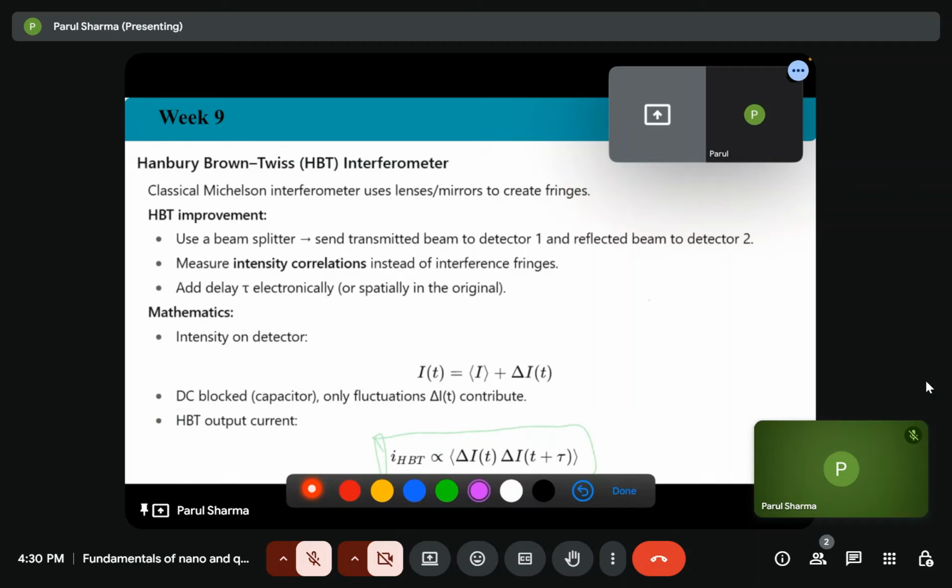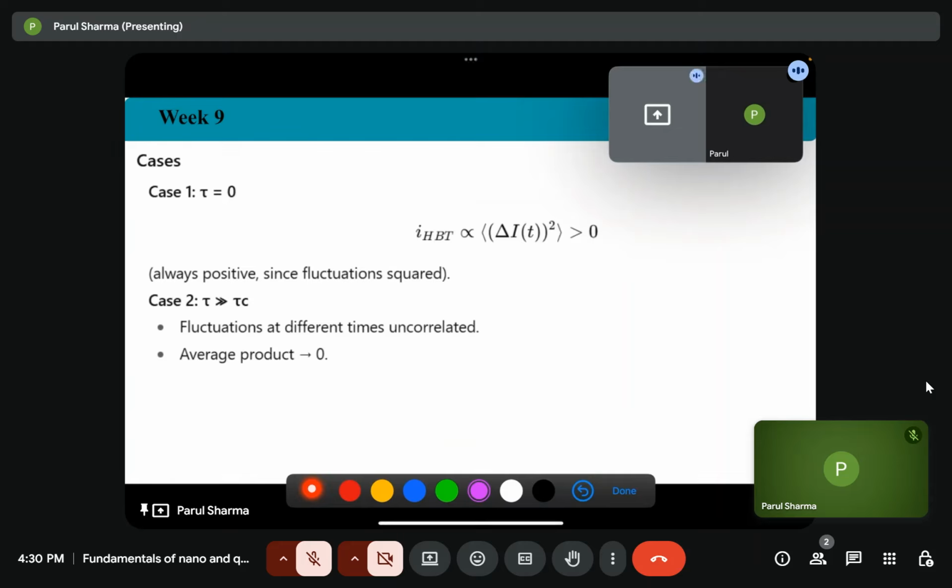If we consider the case tau equals 0, it will be proportional to the average of delta I(t) squared, which will always be positive. When tau is greater than the coherence time, the fluctuations will be uncorrelated and the average product will tend to zero.